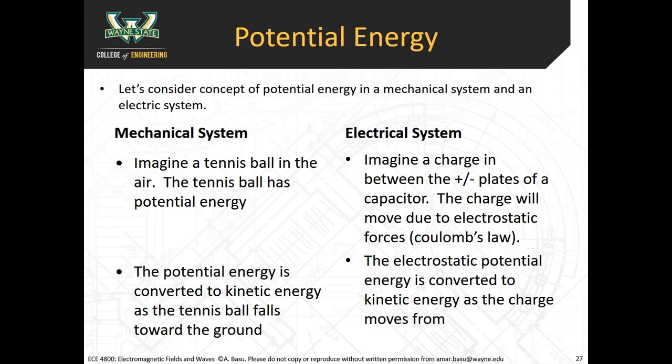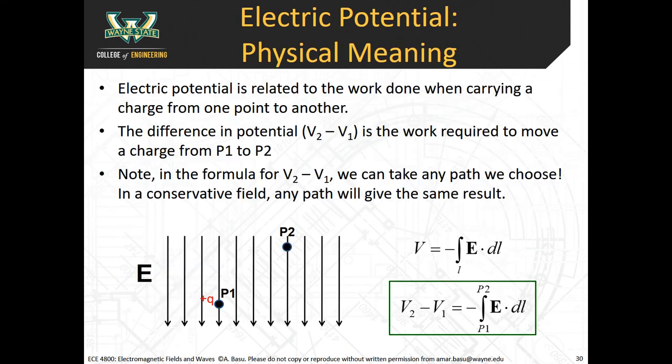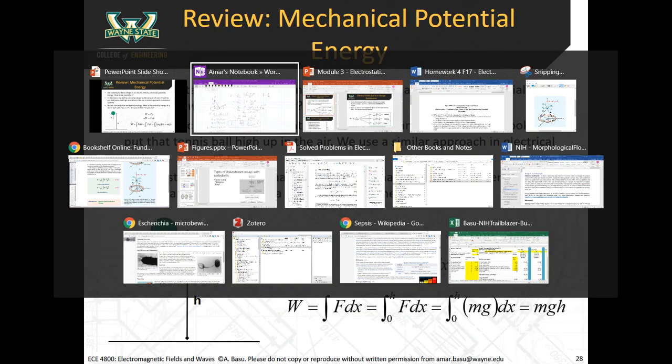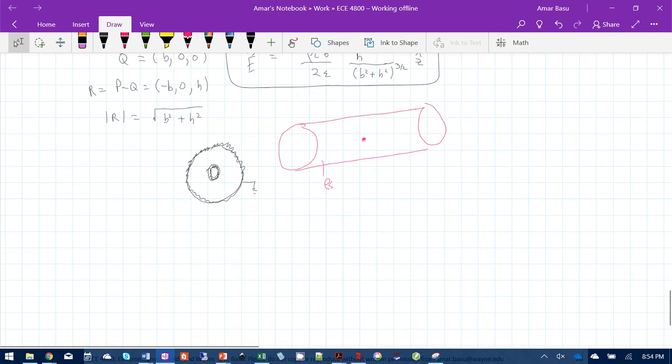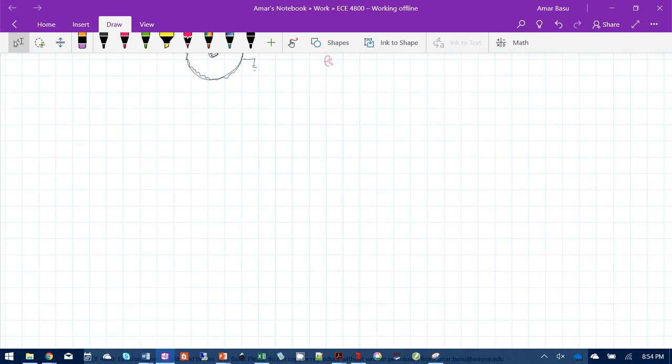In the electrical domain, what we imagine is a charge between the positive and negative plates of a capacitor. So imagine that you have two plates like this, and you apply a voltage between them, your classic capacitor.